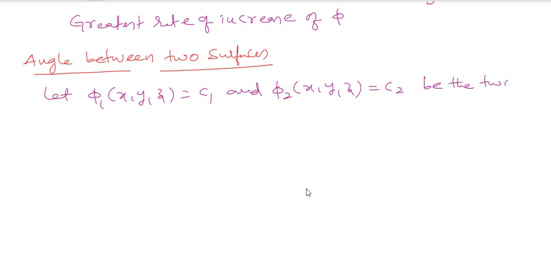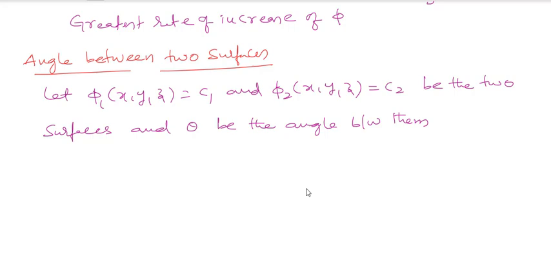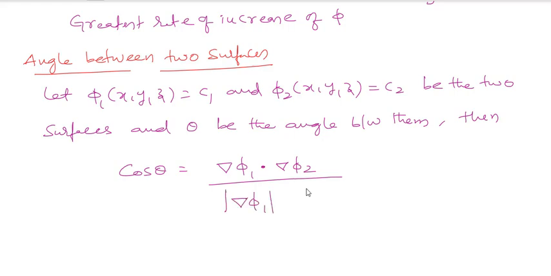And let theta be the angle between them, then cos theta is equivalent to del φ1 · del φ2 divided by mod del φ1 into mod del φ2.